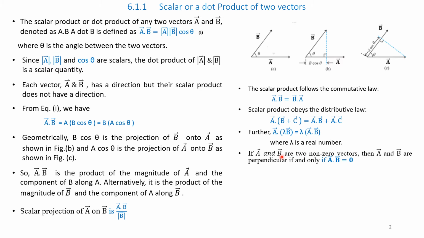Next, if A and B are two non-zero vectors, then vectors A and B are perpendicular to each other if and only if vector A dot B equals 0.